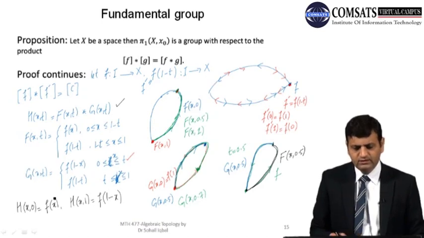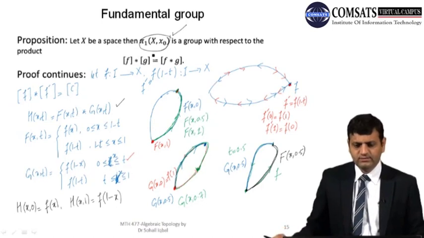So these two paths, which are reverses of each other, are also inverses of each other in this group. Now we have shown that the operation star is well defined. Secondly, this operation is associative, there exists an identity element, and they have inverses in this set. So this is a group under the operation star, and this is the group of path classes of loops at a point x0.